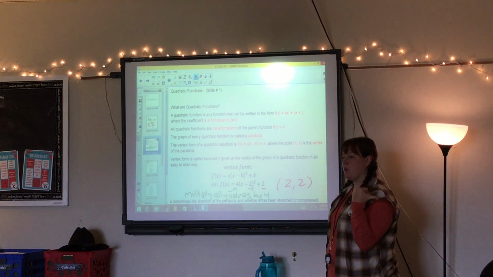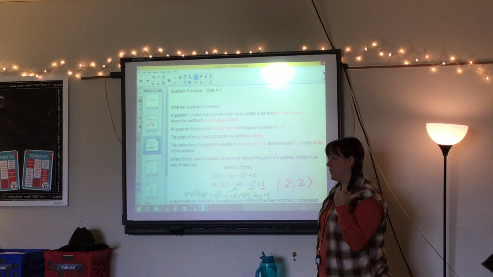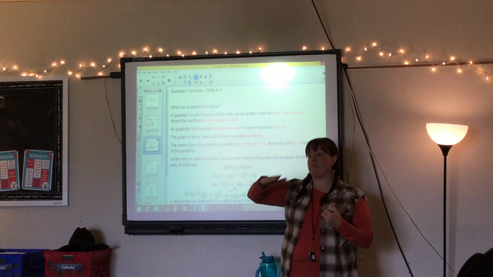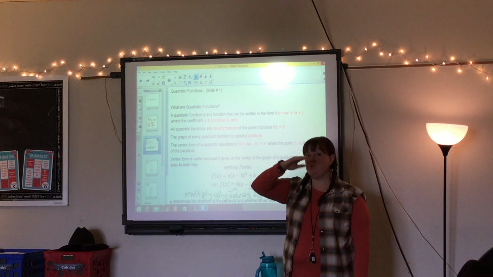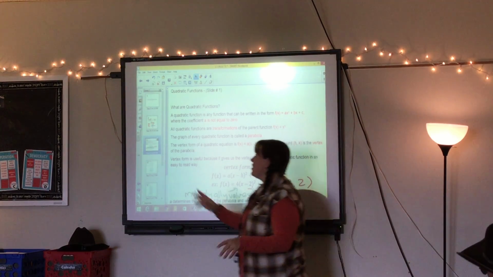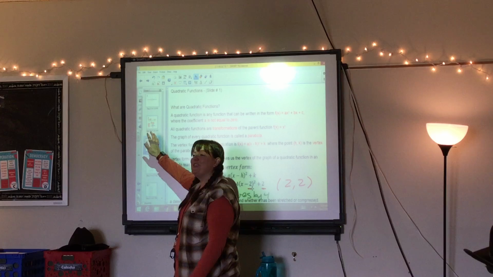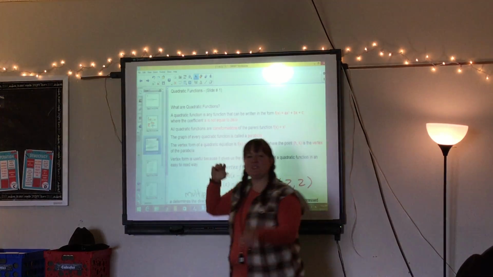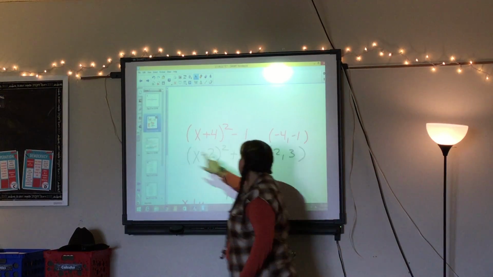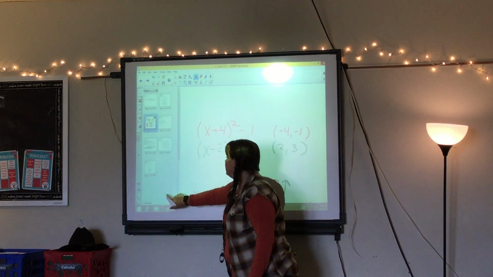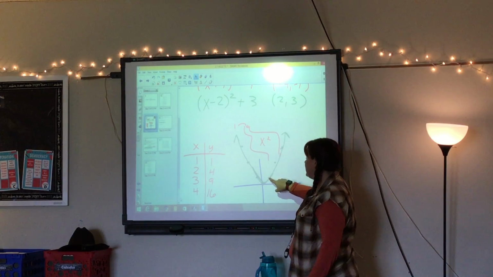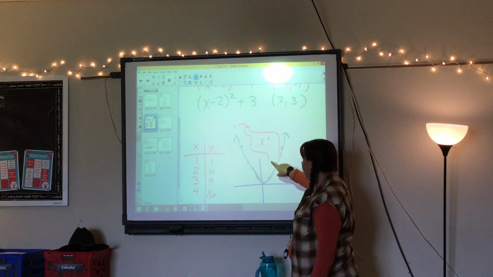A minute ago Cole said that it's your slope, and on a line it is your slope, because your slope is the same on a line every time. You can kind of think about this as a slope, but you'll learn in calculus that parabolas don't have a single slope, because at the first point we went up 1 over 1, and then at the second point we went up 4 over 1.